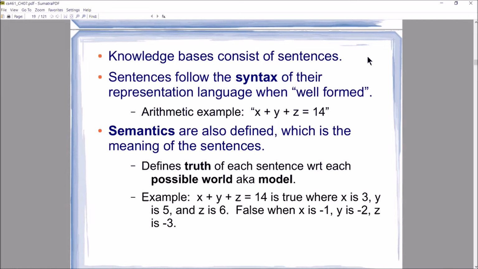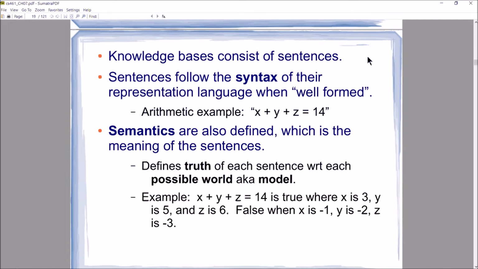Then that sentence would be true because the assignment of those values to those variables equals 14, based on the semantics of what that sentence means. That's one possible model, 0, 1, and 13. Another is 3, 5, and 6.